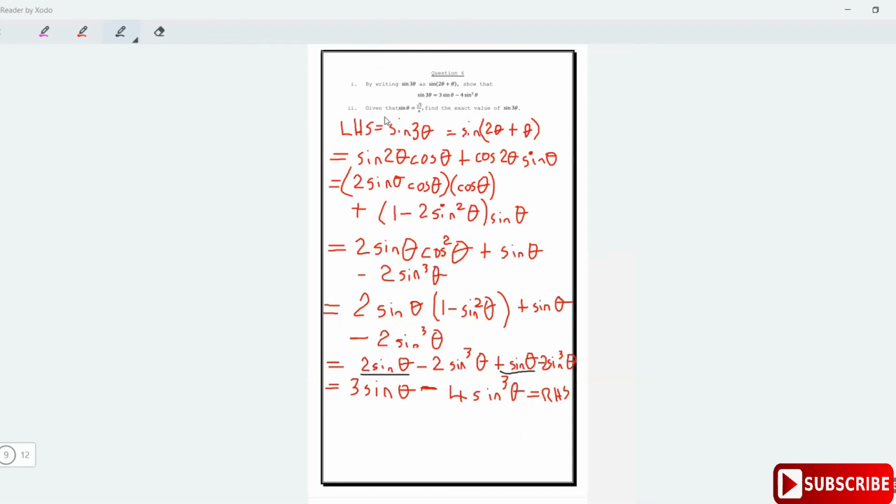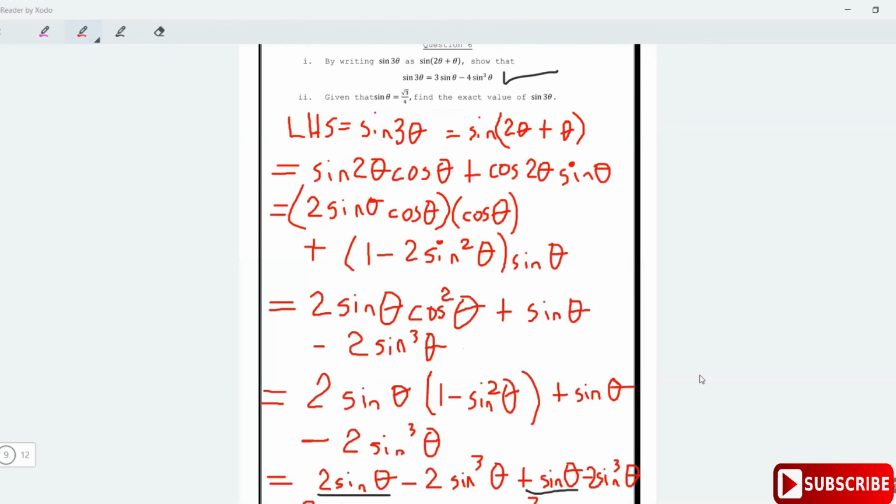Nice. Proven. Now it says, given that sine theta is root 3 over 2, find the exact value of sine 3 theta. Of course, you're going to use this formula that we just found.